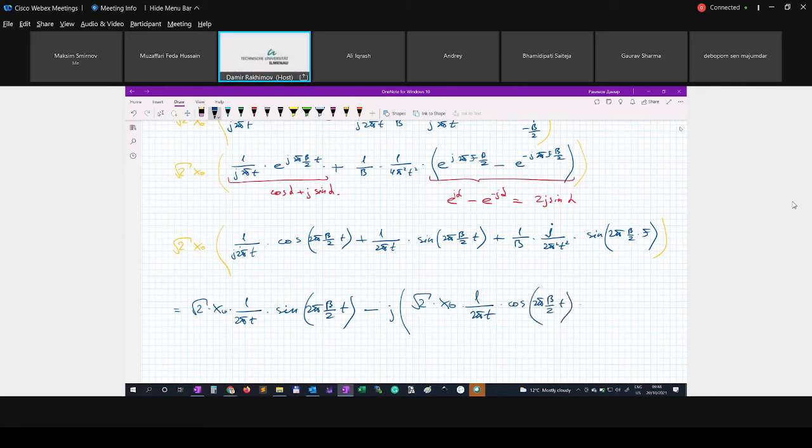And then we have what left? Minus 1 over capital B times 1 over 2 pi squared t squared times sine 2 pi capital B over 2f.